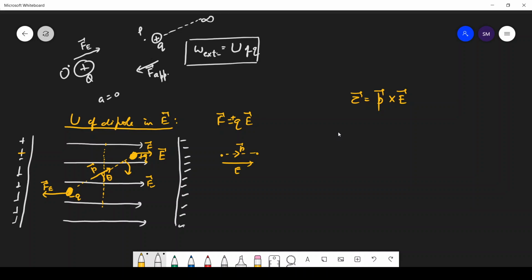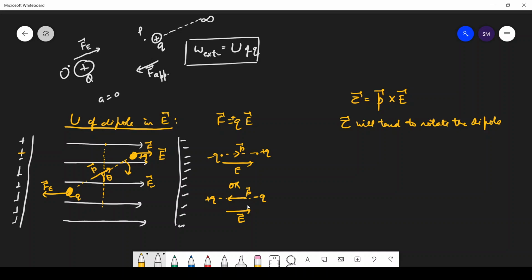We have done it in chapter 1. So this torque will tend to rotate the dipole unless P is parallel or even when P and E are anti-parallel.